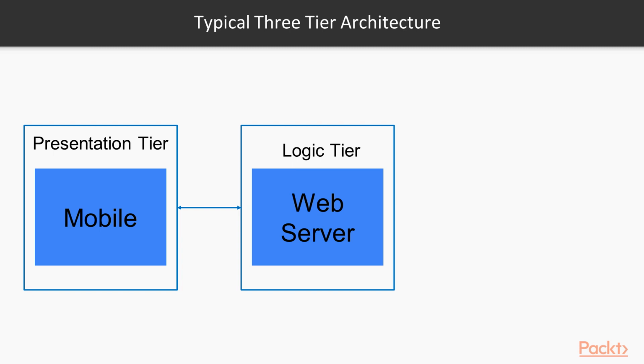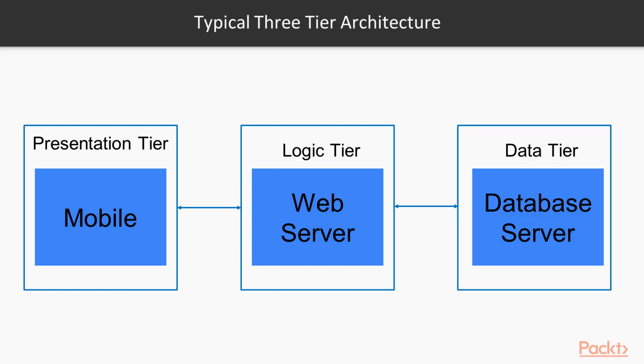The web server will be responsible for generating the content that will be shown to the users on their mobile devices. This web server will be hosted in a logic tier. And then finally, you can have the data tier, which will have your database server, which hosts the underlying data, which will be given to the web server and then given to the mobile device. So this is a typical three-tier architecture which you can have for your application.